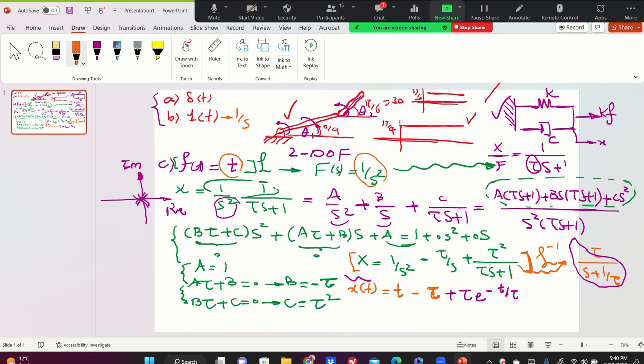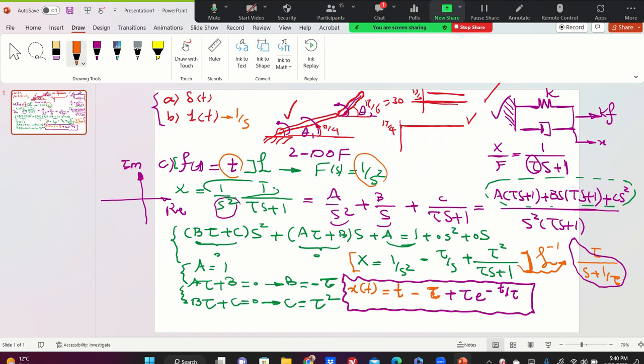And this is your response when the input is to the first order system, which is stable because its pole is in the left hand side. Look at here. The pole of this system, as I told you, is here on the left hand side. One pole, minus 1 over tau. A stable system is like this.